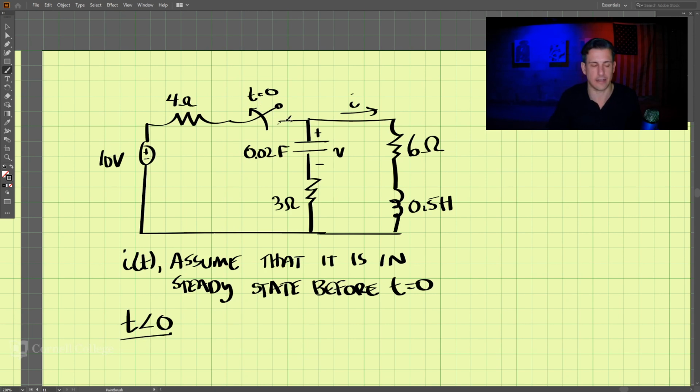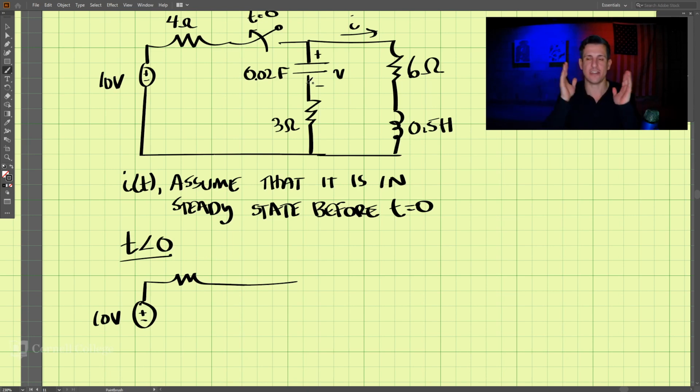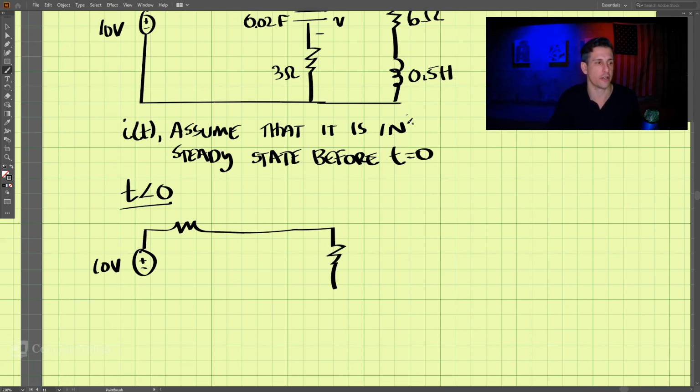So this is all connected. Now, if we do that, we have our voltage source, which is 10 volts, connected to a resistor, and this is connected here. This capacitor acts like an open circuit. It is all charged up, so no current is going down here. So we have a resistor, and this inductor is going to act like a short circuit.